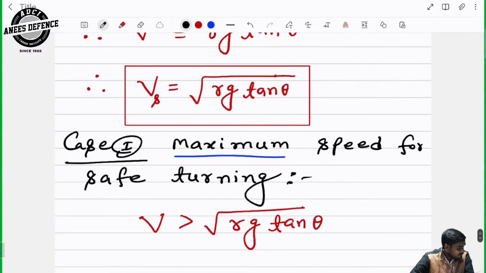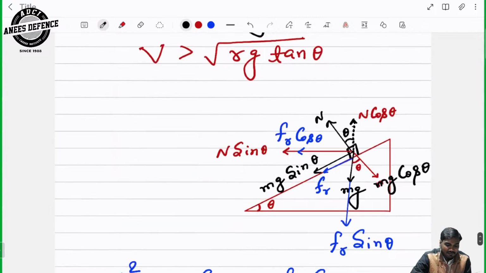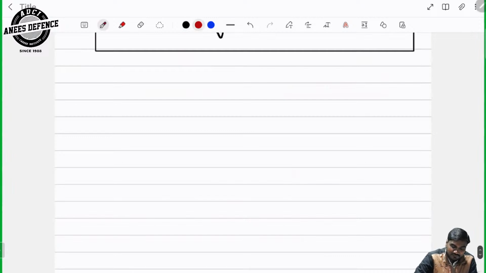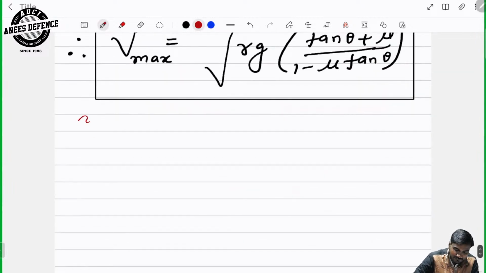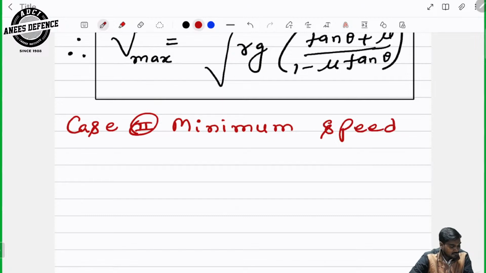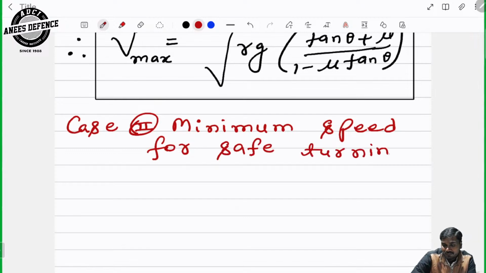What about the minimum speed for safe turning? We will learn minimum speed for safe turning.